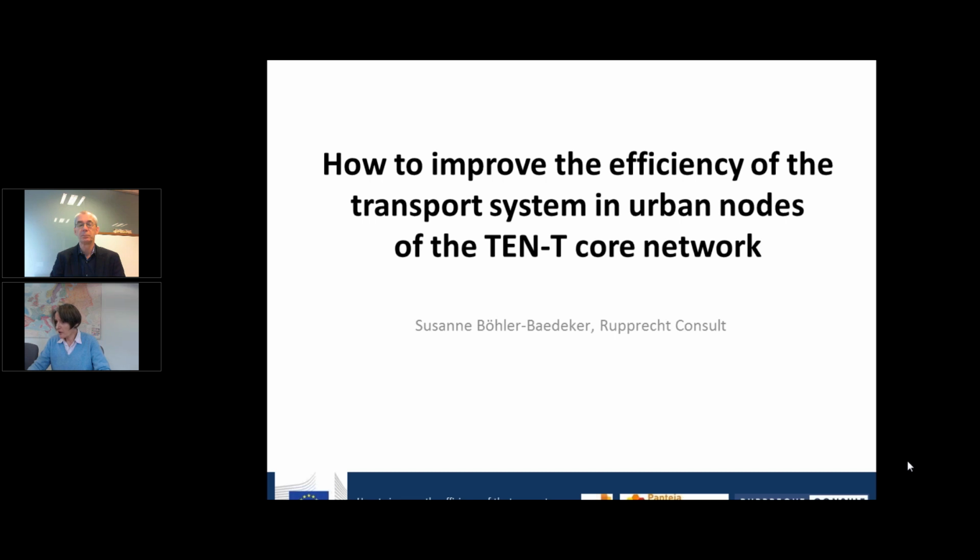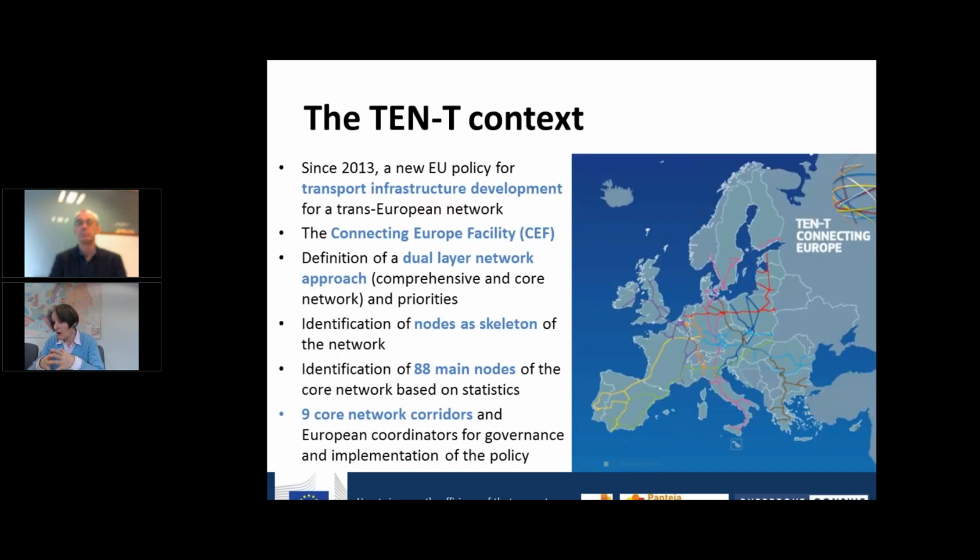So let's start with the background of the study, which is the TEN-T network, the Trans-European Network for Transport, which has been developed for decades, but since 2013 we have a new EU policy for transport infrastructure development as the Trans-European Network, together with the financing stream, which is the Connecting Europe Facility.